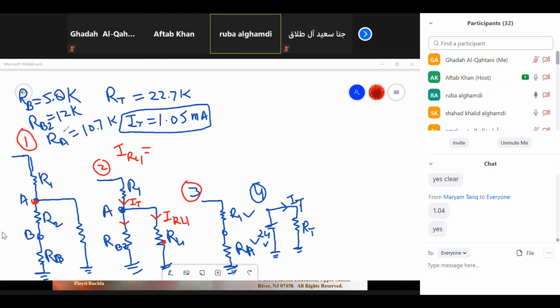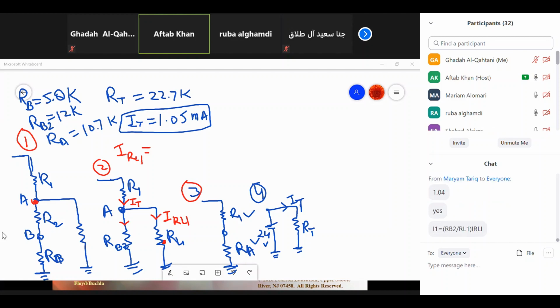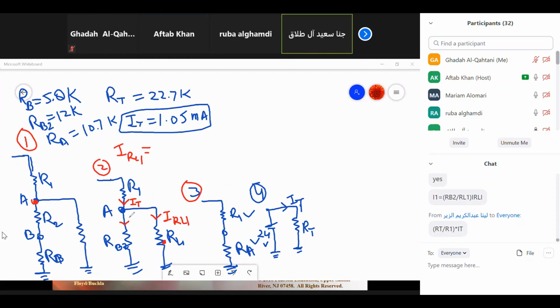RT over RX. In this circuit, what is the formula? What is RT? What is RX? RB2 over RB2 plus RL1. No, RL1 over RT times I total.